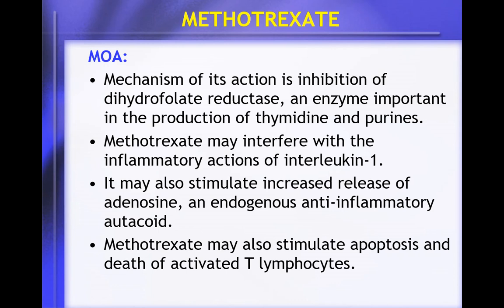Methotrexate may interfere with the inflammatory actions of interleukin-1 as well. It may also stimulate increased release of adenosine, which is an endogenous anti-inflammatory autacoid. Methotrexate may also stimulate apoptosis. Apoptosis means programmed cell death, here of activated T lymphocytes.